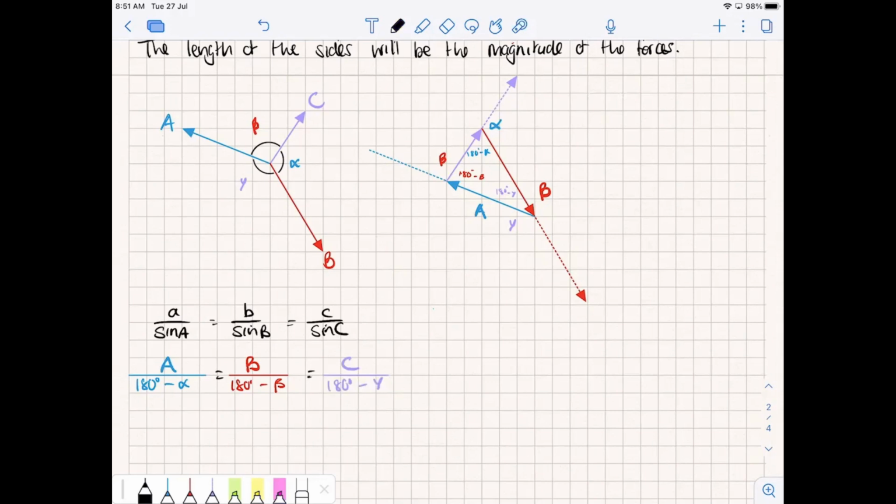Let's rewind our brains to two months ago. The sine of an angle 180 degrees minus theta, what is that equal to? I'm going to draw a little picture for you, maybe it'll help you remember.